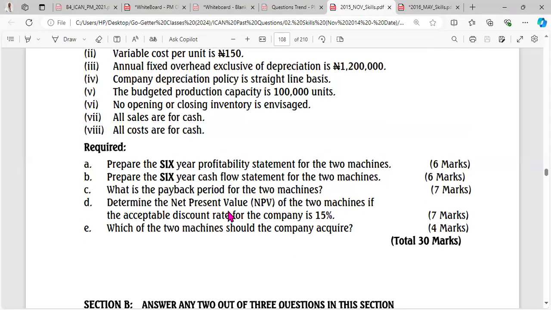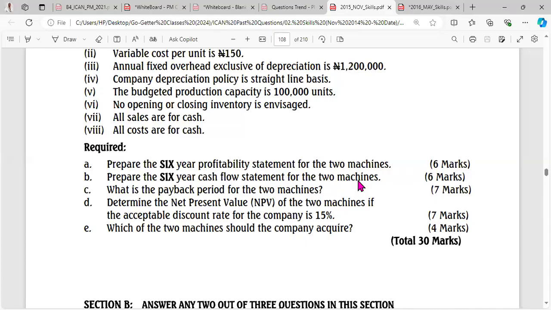Now you may be surprised that your answer for payback period may favor one of the machines, while your answer for net present value may favor the other. So you will be faced with a confusion. Which should you acquire? You need to follow the one that supports discounted cash flow.